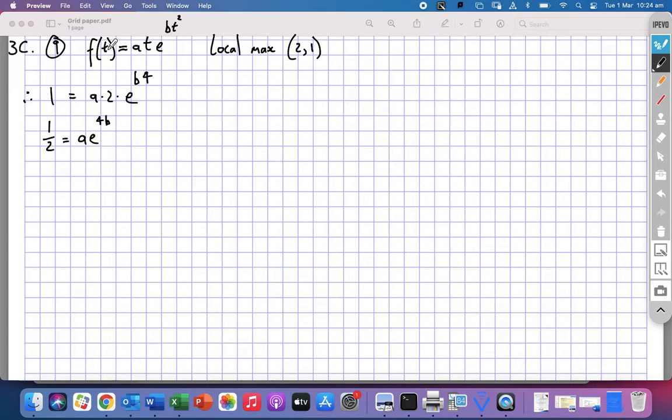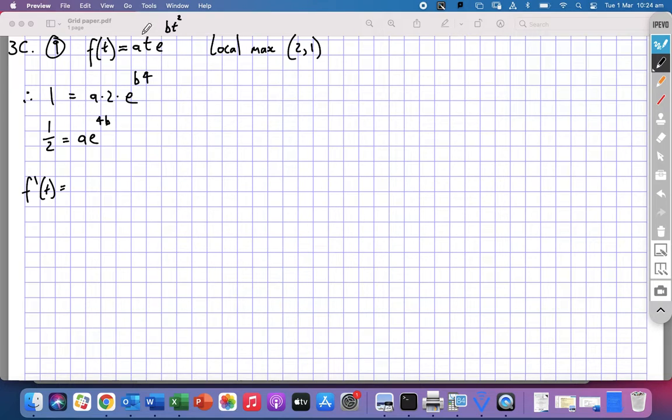Okay, now the derivative is a product, so we'd be using the product rule. If y equals u times v, dy dx is derivative of function u times function v plus function u times derivative of function v. So the derivative is as follows.